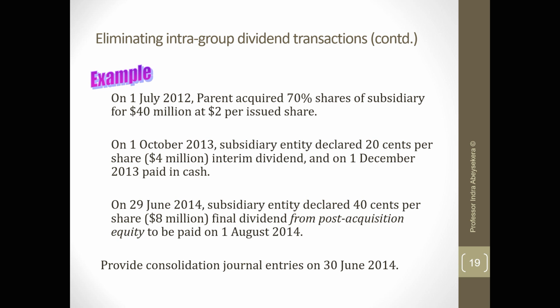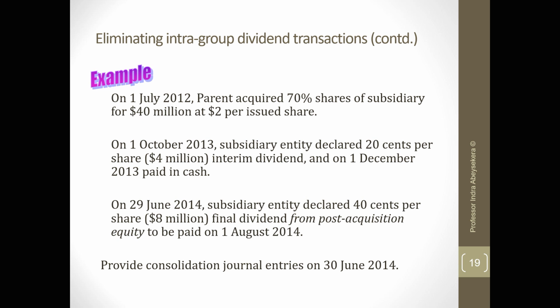And the subsidiary recorded cash of 4 and interim dividend of 4, although the parent received only 2.8, and the final dividend payable was 8, and final dividend is 8, but only 70% of that goes to the parent. So if we combine the general journal entries, we have to ensure that we only account for the ownership.